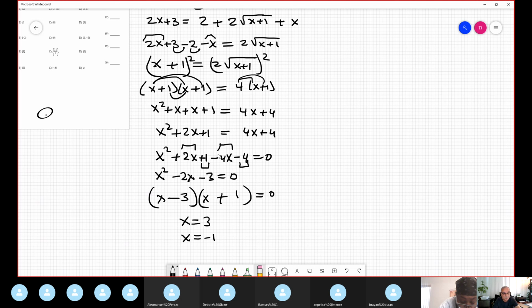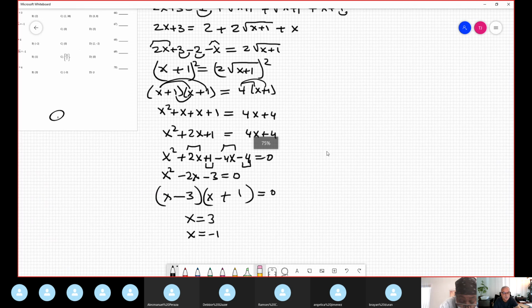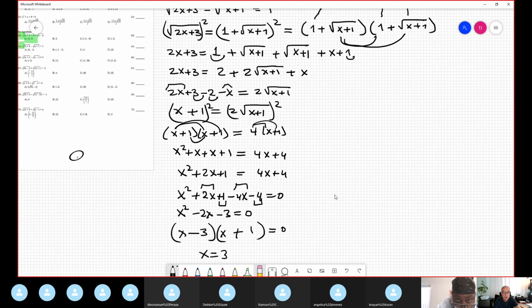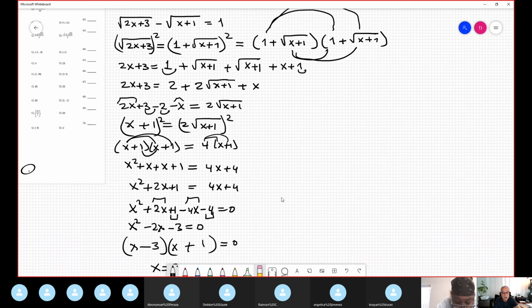Okay, now the checking part. The checking part is in the original, no? I plug it in the original. So this is the original: square root of 2 times, entonces one solution is 3, 2 times 3 plus 3 minus square root of 3 plus 1 should be 1.